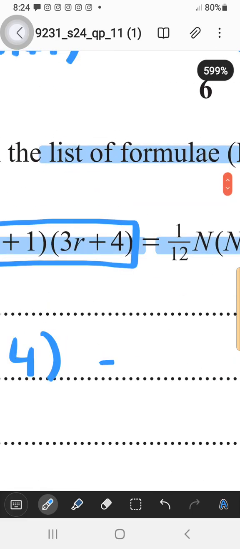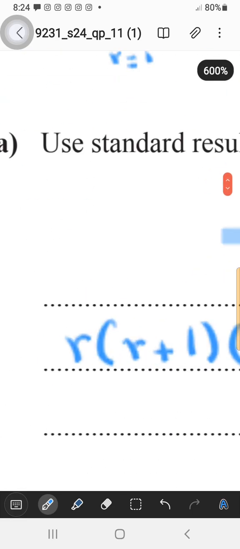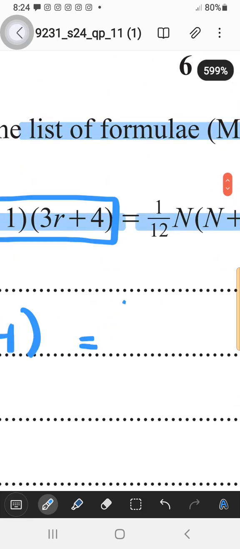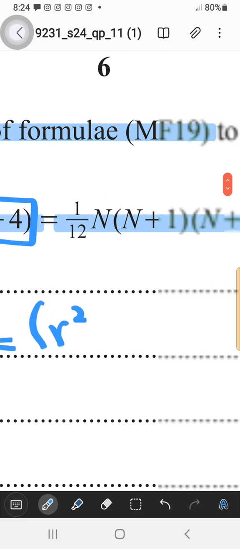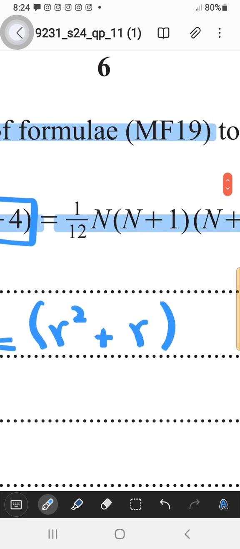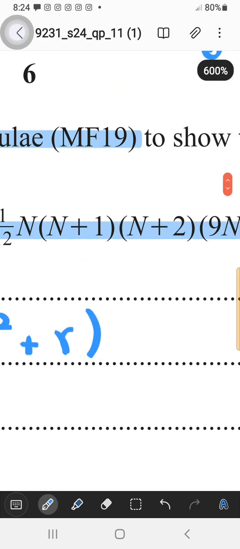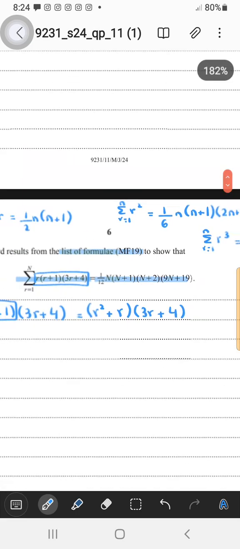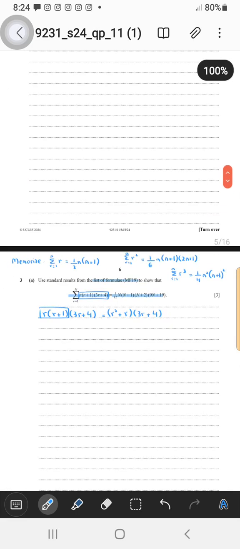We will expand this. First of all, we will just multiply this bracket. Okay, so it becomes r square plus r, and we will copy out the second bracket, 3r plus 4. So this is equal to this.